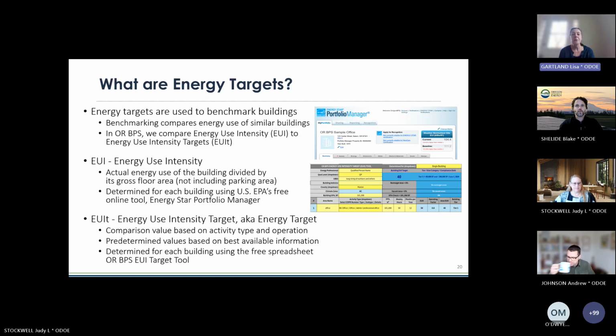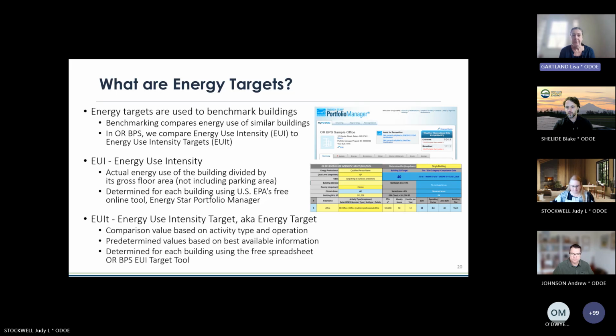So we determine this energy use intensity using US EPA's free online tool, the Energy Star Portfolio Manager. Many people already have these accounts set up. We don't just use regular energy use intensity, we use a weather normalized value. We'll have more training on exactly what we do with that.